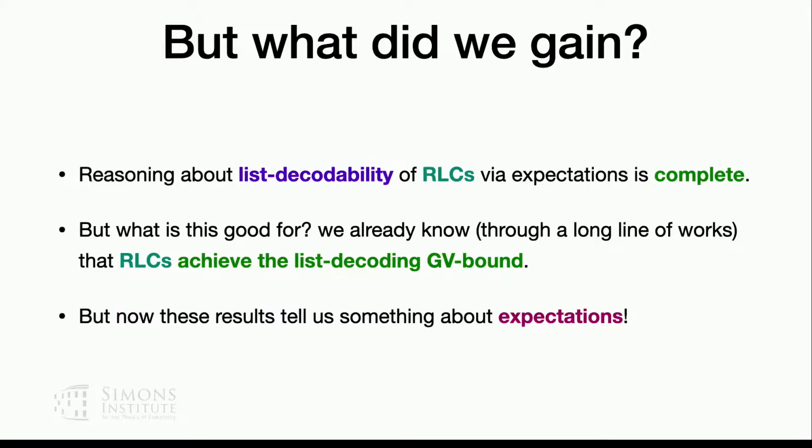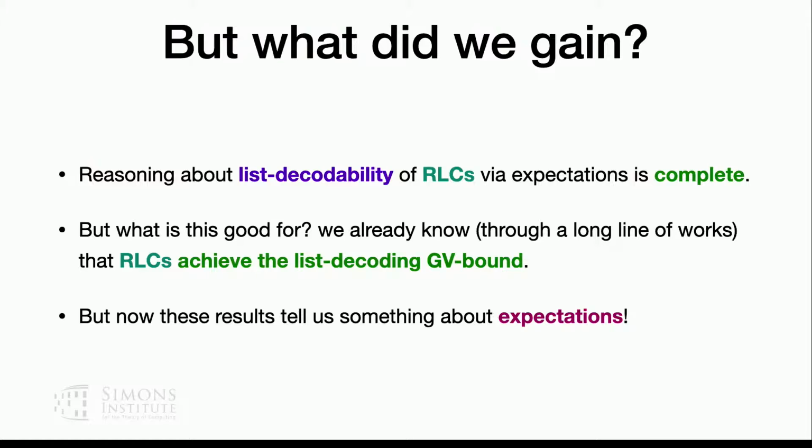So now, all of these results that already exist, which were proven by many people, some of them in this room, about list decodability of random linear codes, in fact tell us something about expectations.